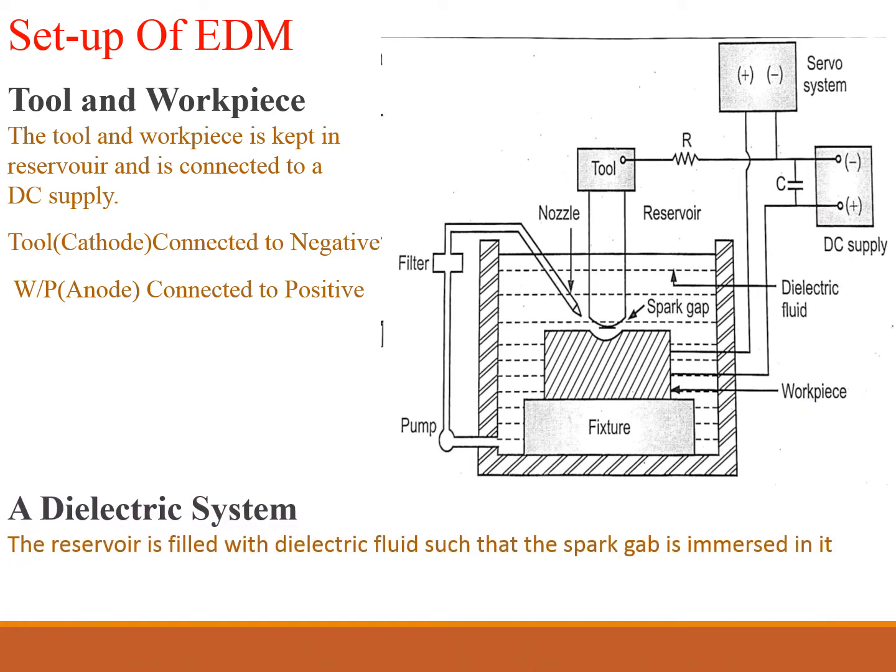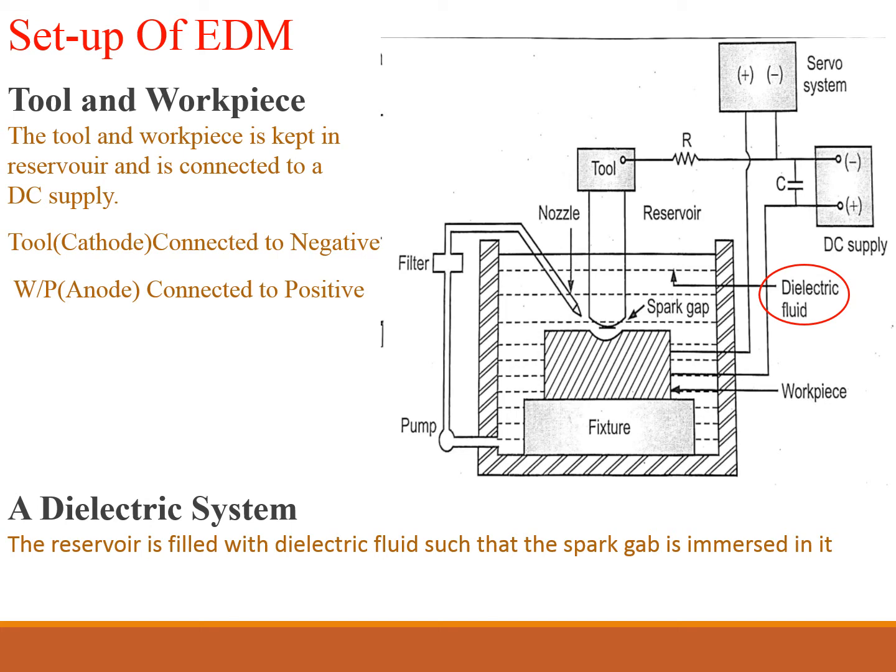Then the dielectric system. The reservoir is filled with dielectric fluid such that the spark gap is immersed in it. Dielectric is continuously flushed into the spark gap. The used dielectric is filtered and recirculated into the reservoir.